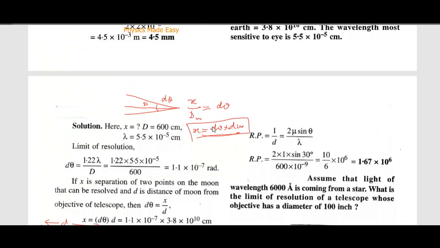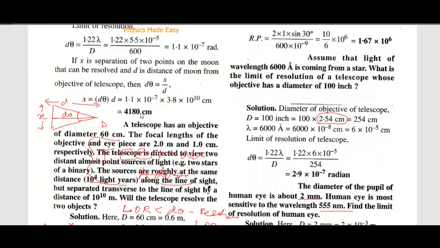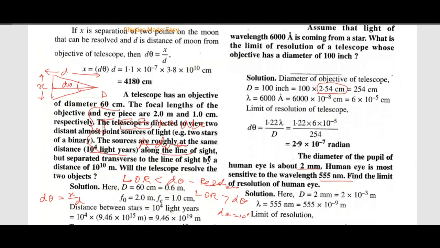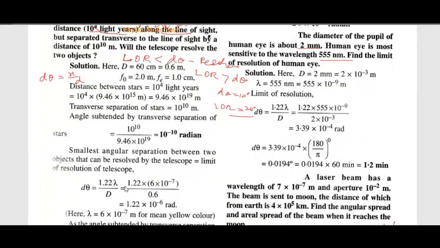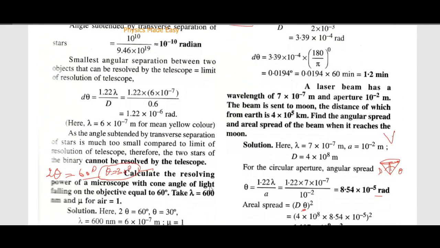This has been used many times, and also sometimes the angle of the cone is very important. Again the formula that we have used earlier, x by d is d theta. If the angle subtended d theta is more than the limit of resolution, then the object is resolved. If it is less than the limit of resolution, then the object is not resolved. This is the only important point that we have come to know.